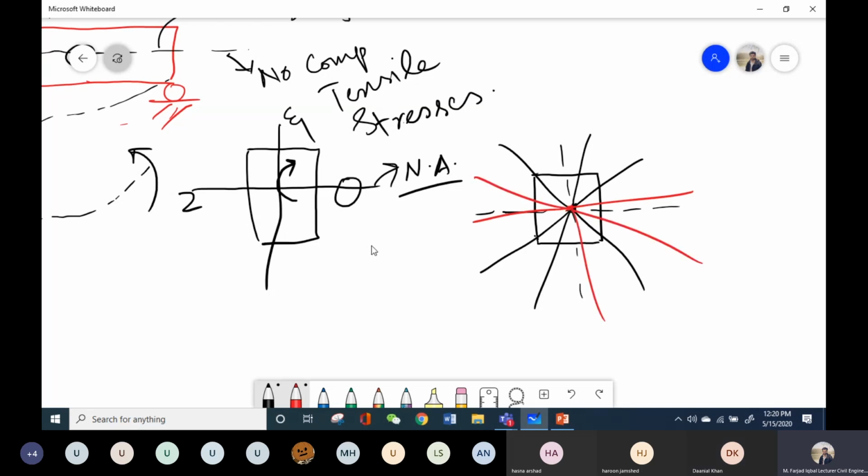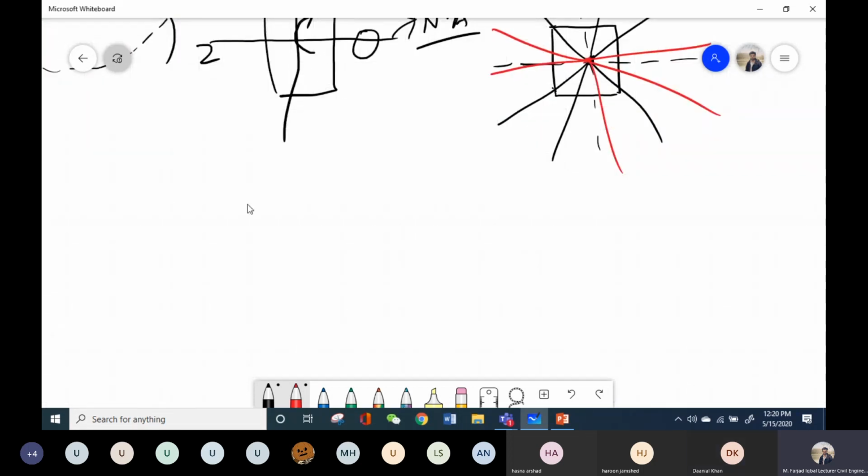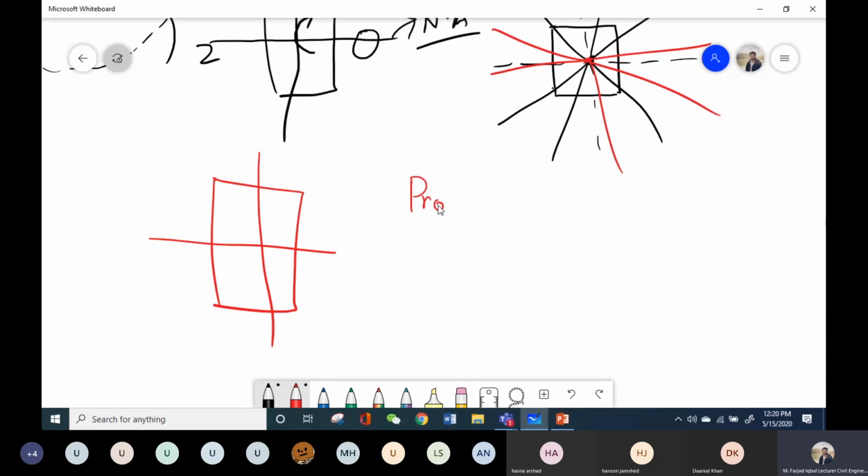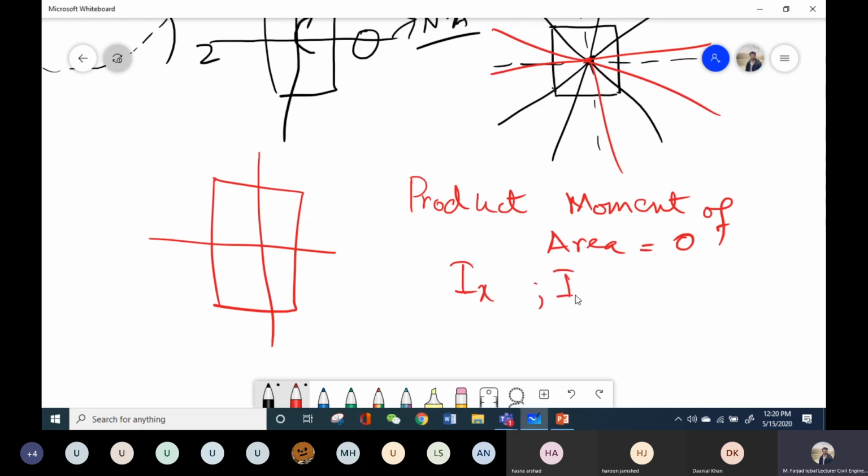So there can be an infinite number of axes passing through a beam member. But what are the principal axes? Principal axes are the ones around which the product moment of area is equal to 0, and the second moment of area, which is basically Ix, Iy, is maximum or minimum.